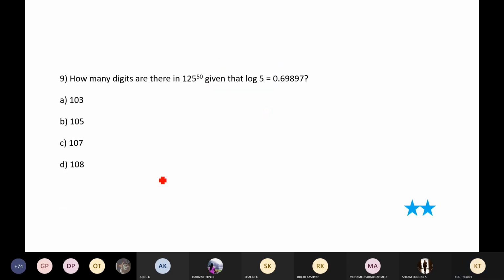Excellent. Come on, guys, try this question now fast. Yes, very good. Deepti and Nitika Lani. Come on, guys. Here's the next question.